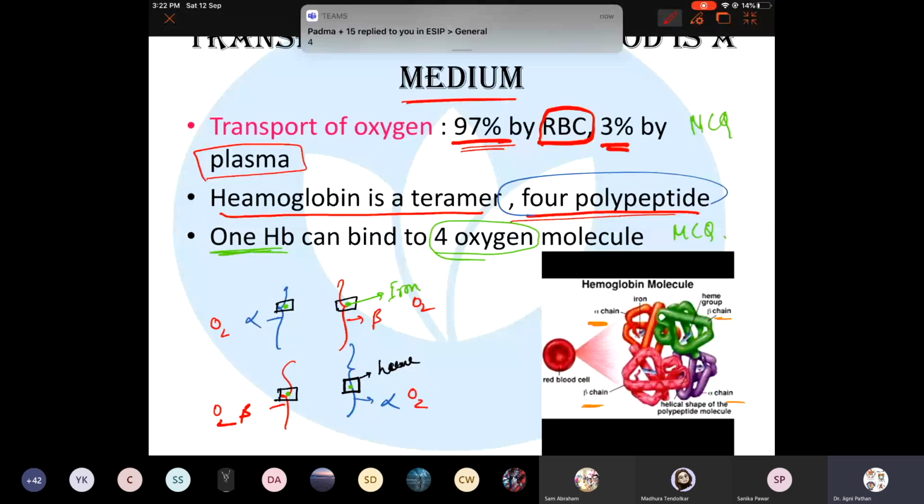Why 4? Because it has 4 polypeptide chains. Why 4 polypeptide chains? Because it has 4 heme groups. Each heme is carrying one iron atom. So each iron atom will bind to 1 oxygen. So totally the hemoglobin will bind to 4 oxygen molecules. Is the point clear? Very important MCQ.